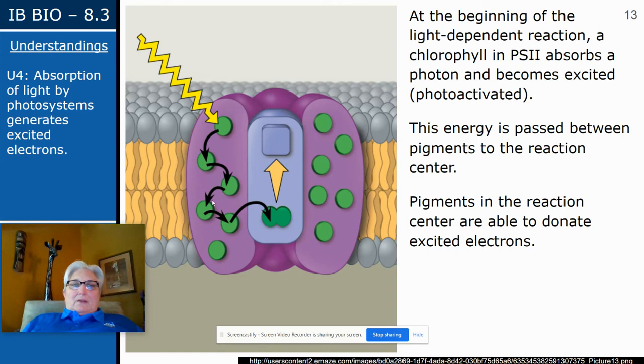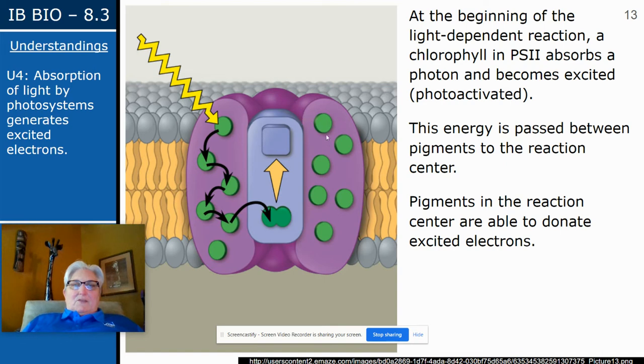So the light is going to be absorbed in this first photosystem, which is actually photosystem 2. And then we're going to pass that energy from here to here. And that's in the center, what we call the center reaction area of our photosystem 2.